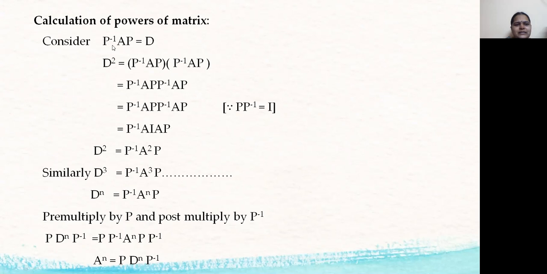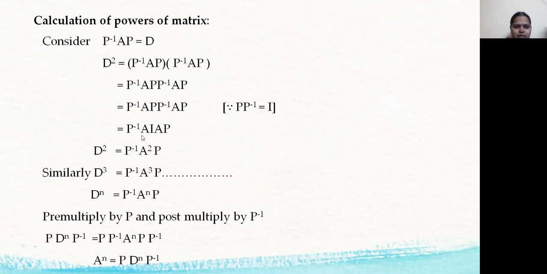Let us consider D as P inverse AP. If we want D square, that means D into D, P inverse AP into P inverse AP. Let us remove the brackets. Then we have P inverse A, P inverse AP, and in the middle P inverse P is the identity matrix I, so A into I into A is A square.